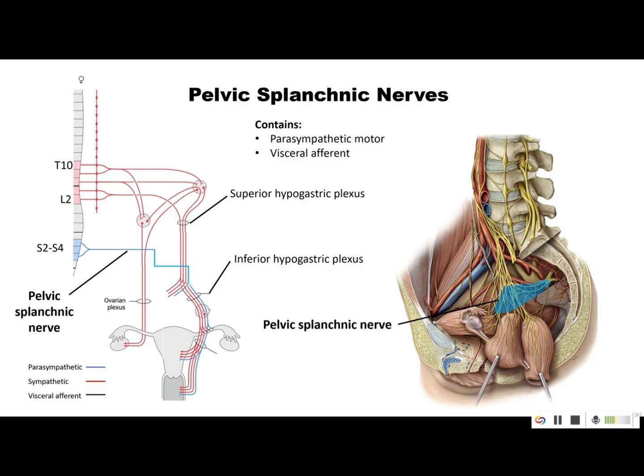They convey presynaptic parasympathetic fibers derived from the S2 to S4 spinal cord segments, which make up the sacral outflow of the parasympathetic cranial sacral nervous system, and the visceral afferent fibers from cell bodies in the spinal ganglia of the corresponding spinal nerves.